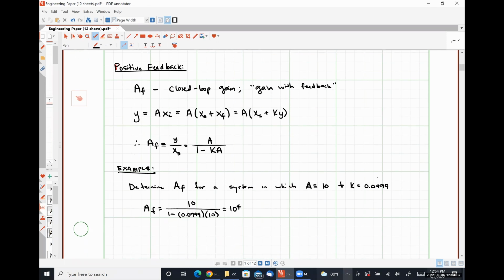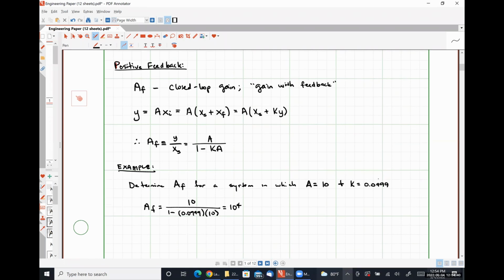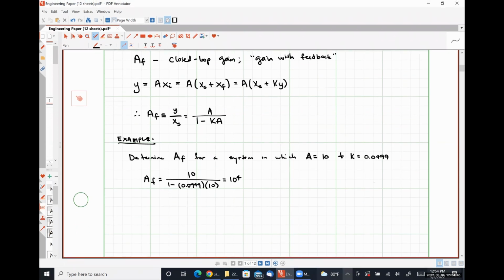So let's say that we have the same circuit or the same system. We're going to determine our closed loop gain for a system in which A is equal to 9.9, and we're going to hold K the same thing.